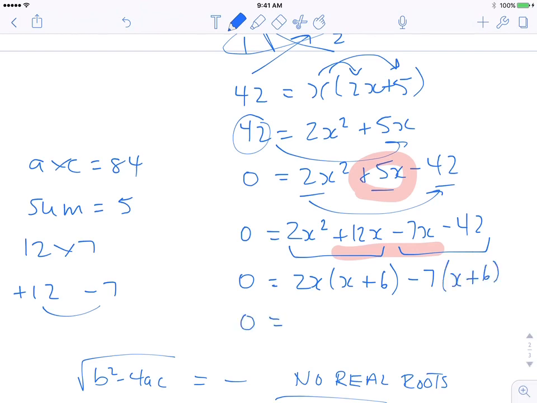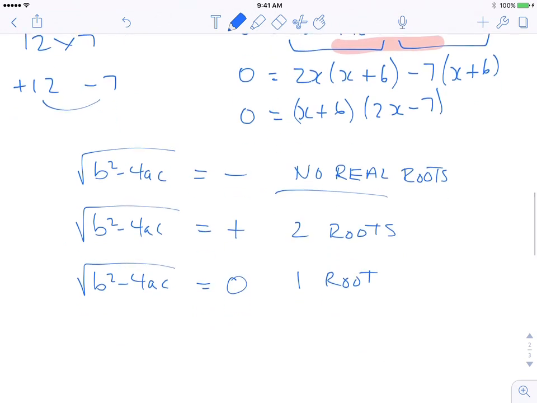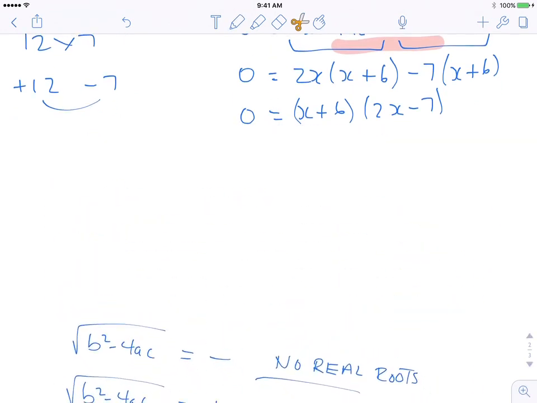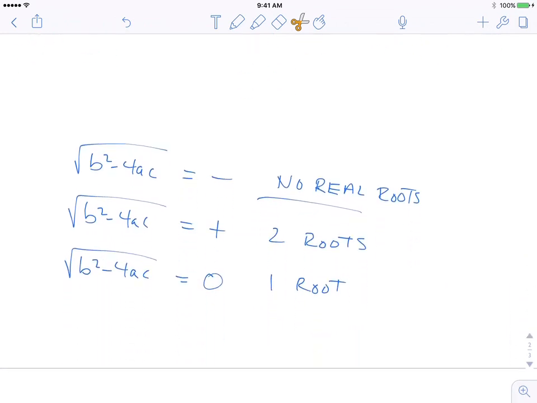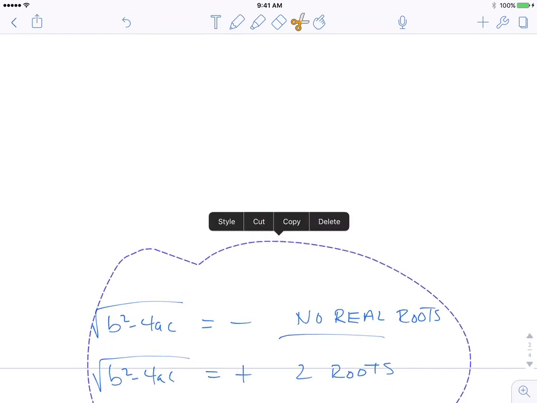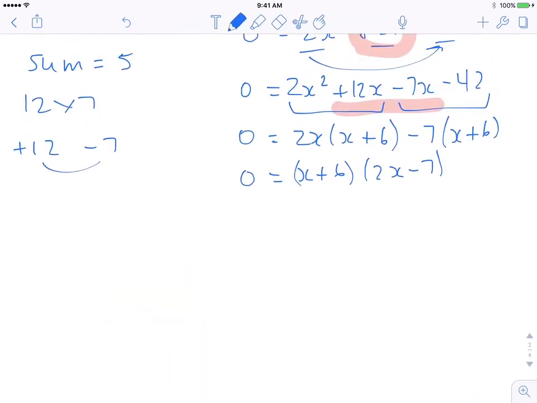So I get 0 equals x plus 6 and of course 2x minus 7. Now armed with that, we know in order for this to equal 0, either x plus 6 equals 0 or 2x minus 7 equals 0.